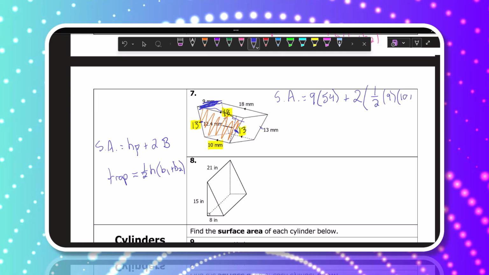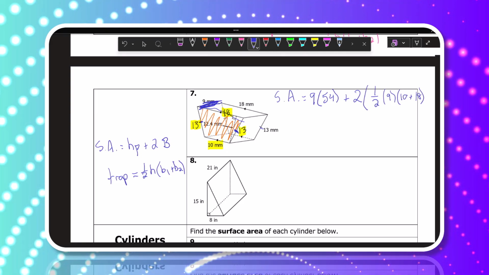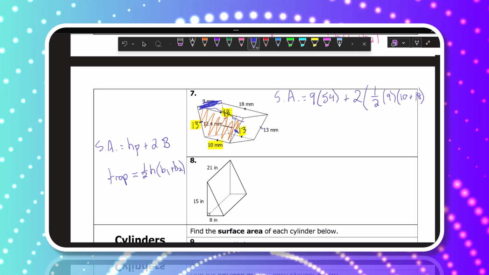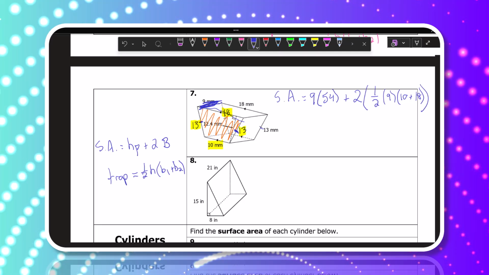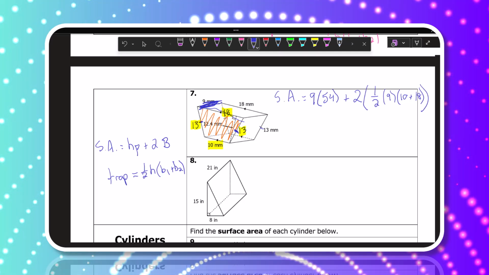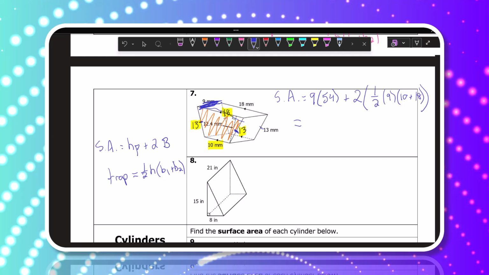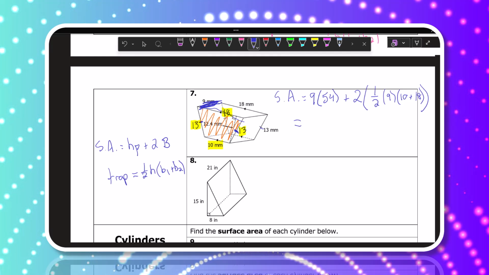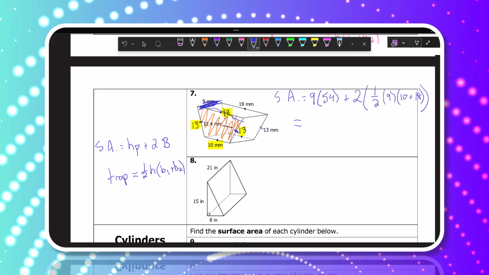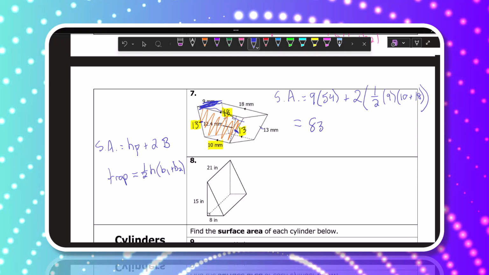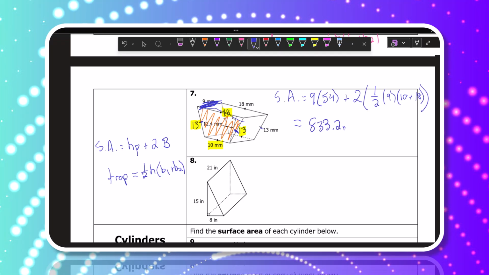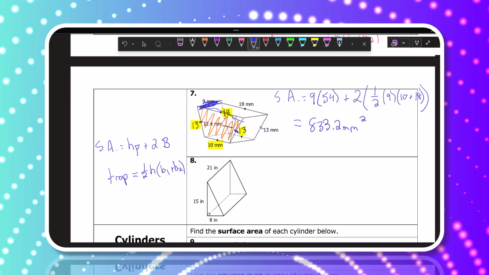So 10 and 18. Because those are the sides that are parallel. That's what those little arrow marks mean. So we got a long thing here, but just throw it in Desmos, throw it in your calculator, and we get 833.2 millimeters squared.